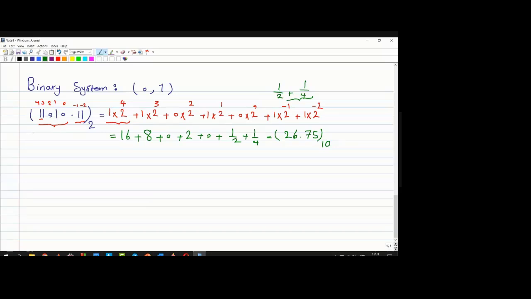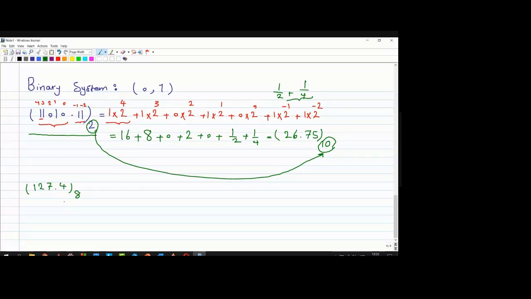You can convert a number in base 2 to a number in base 10. Also, suppose that we have this number 127.4 in base 8.